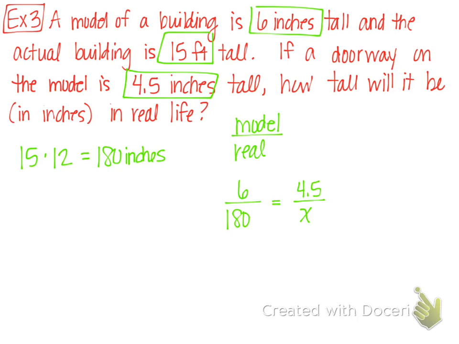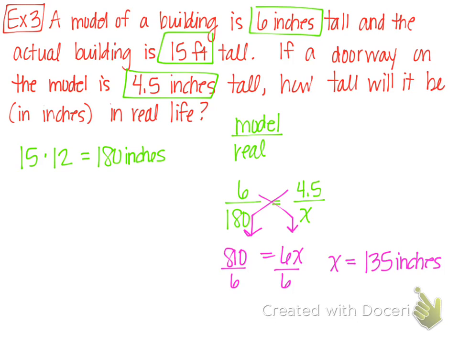So we need to cross multiply. We got 4.5 times 180, excuse me. And you get 810. And then we have 6 times x, which is 6x. And divide by 6. And we get that the door is actually 135 inches tall. We don't know if it's a garage door, we don't know what kind of door it is, but we do know that it's 135 inches tall.